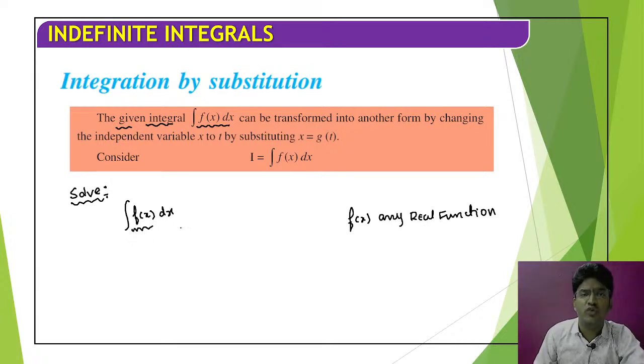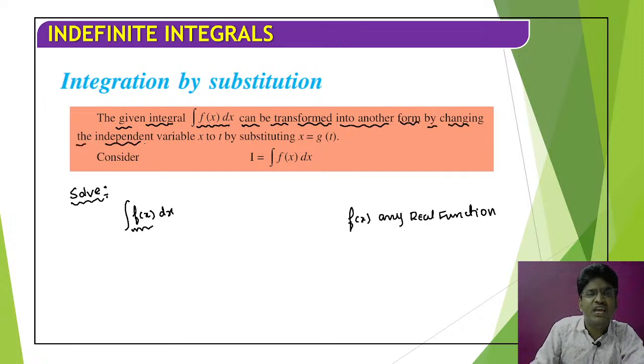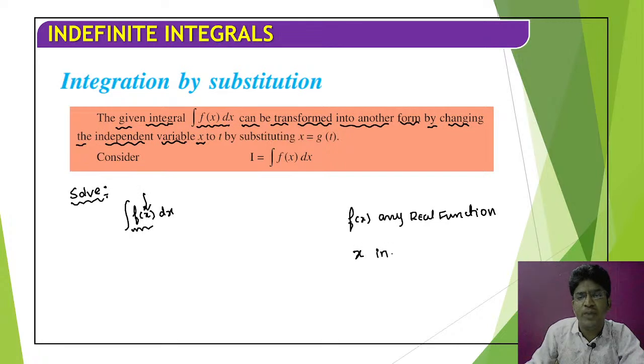So here what you have to do is just watch this integration and see what they say. Integration of f of x dx can be transformed into another form by changing the independent variable x. That means this variable x is called the independent variable.